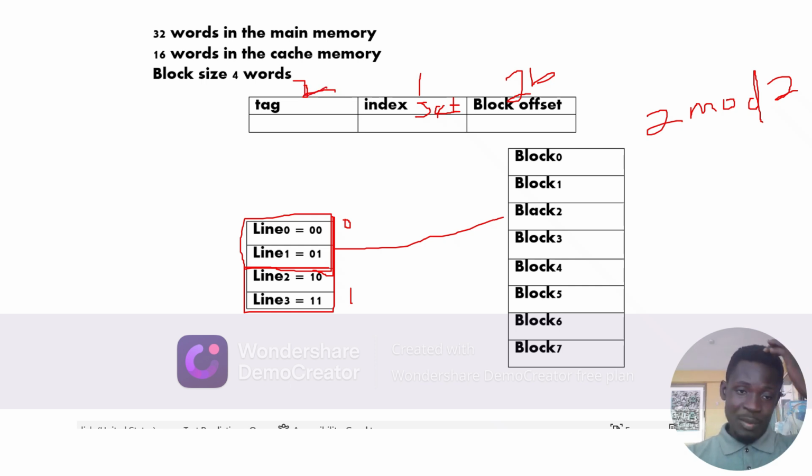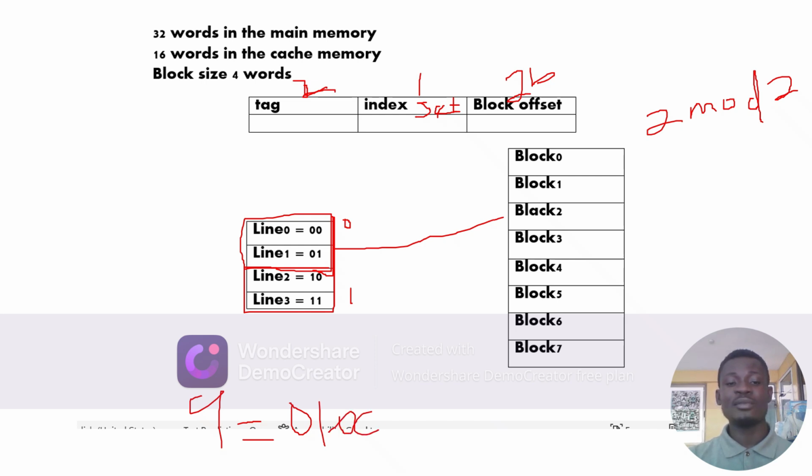So let's take our decimal line. The total is 5 bits. So we will have our 5 bits here. This one will take 2, this one will take 1, then the rest will be for this.